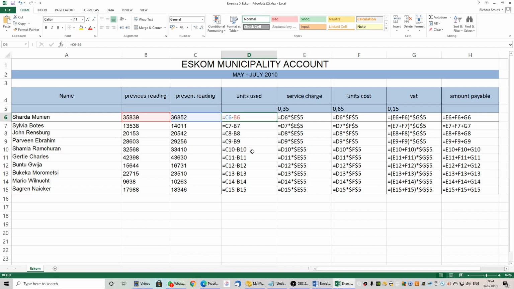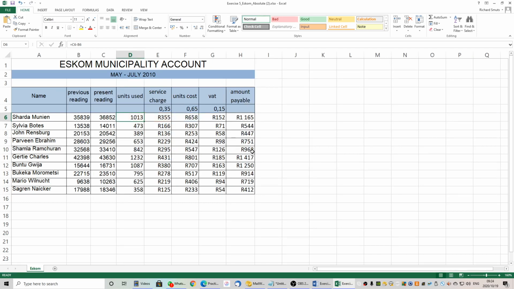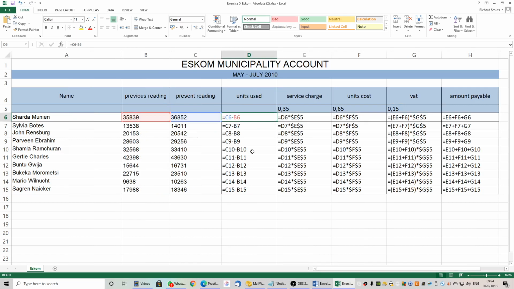So you can press Control tilde to show you all of your formulas so that you can actually have a look at what is going on. This is relative because it's C6, B6, C6, B7, C8, D8. It is being relative to the cells on the left of it.